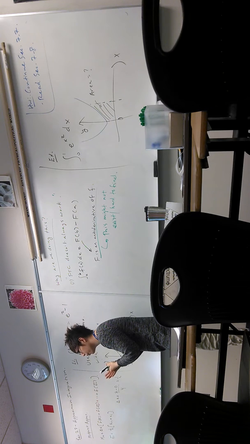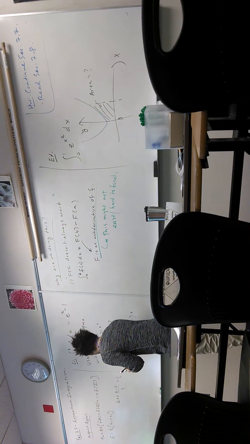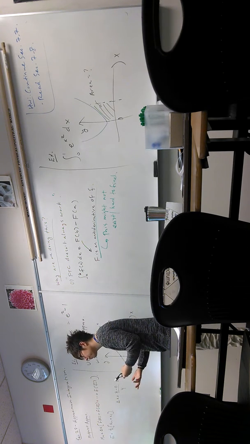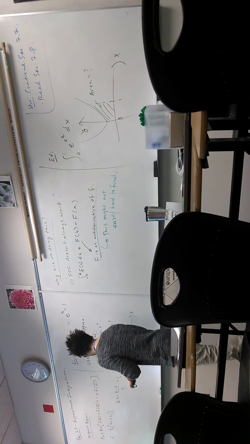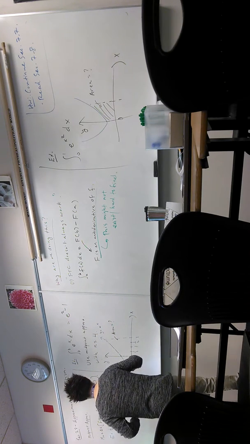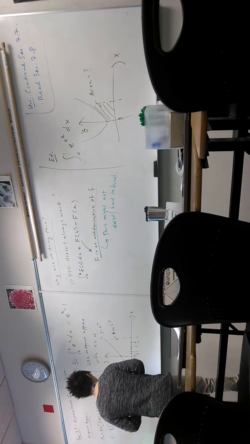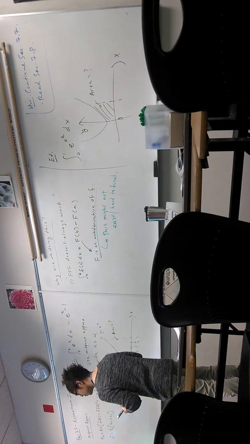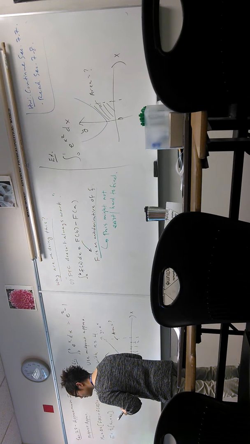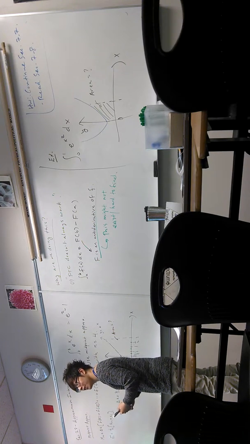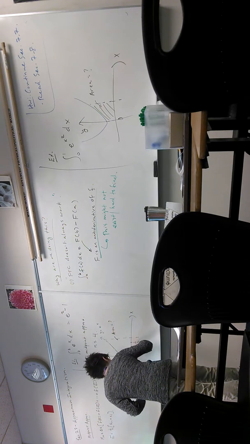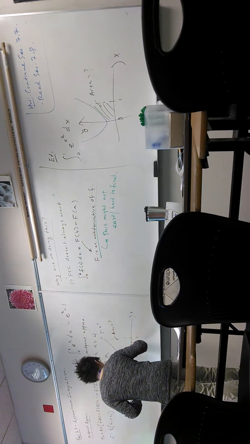What do I mean by midpoint? It's the midpoint within each subinterval. So what's the midpoint between 0 and 1/2? 1/4. What about between 1/2 and 1? 3/4, right? Halfway between a half and 1 is 3/4. And then keep going. You probably see the pattern.